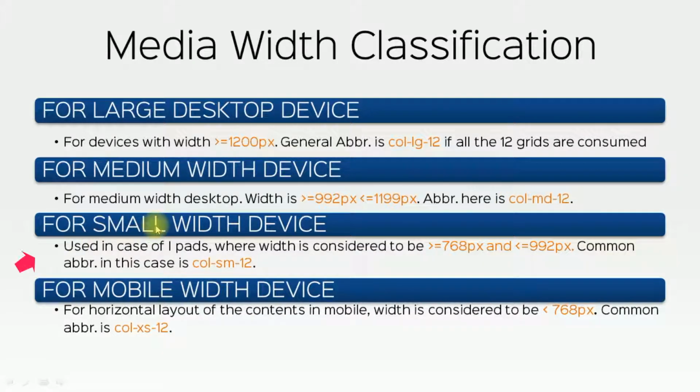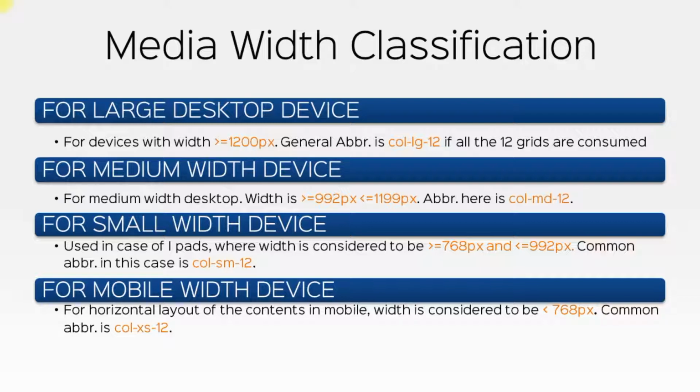Then comes the small width device. You may say that an iPad is a small width device, which is greater than or equal to 768 pixels and lesser than or equal to 992 pixels. In this case, the class that will be used inside this container is col-sm-12. That means we are consuming all of these 12 grids.